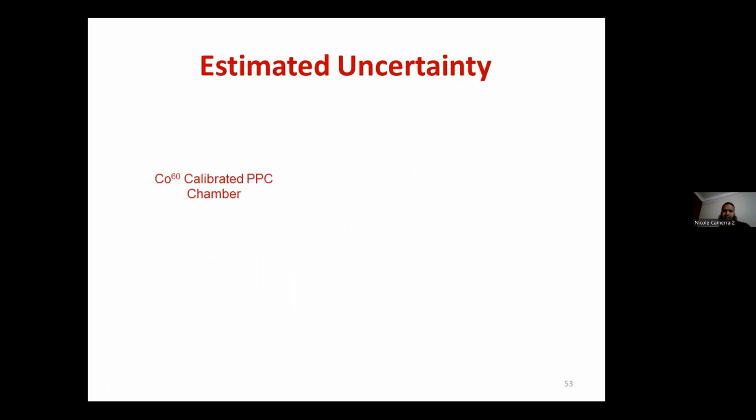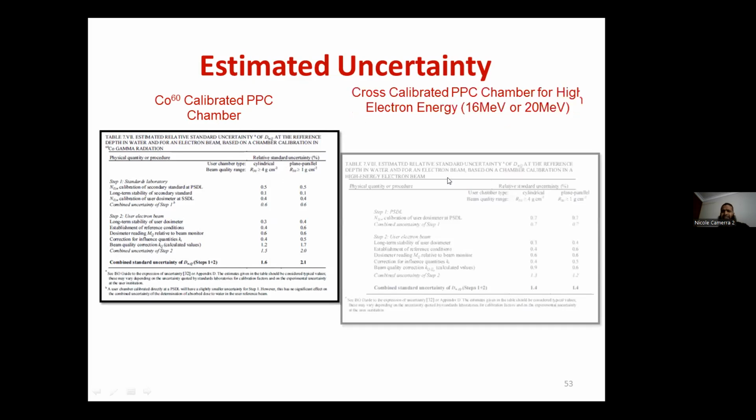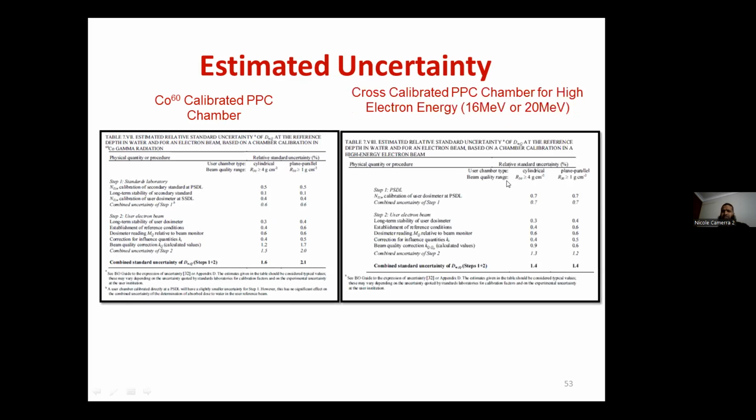This is the uncertainty table given in TRS 398. Your plane parallel chamber is either calibrated at cobalt 60, or cross calibrated with the Farmer chamber at 16 or 20 MeV.